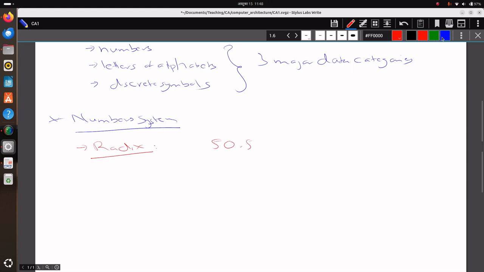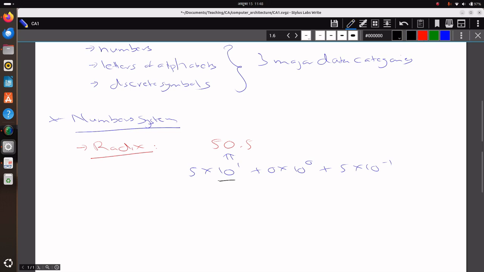what this actually means in terms of radix is 5 into 10 to the power 1 plus 0 into 10 to the power 0 plus 5 into 10 to the power minus 1. Now if you find the product of each of these three terms and then add them, you basically get 50.5 here.